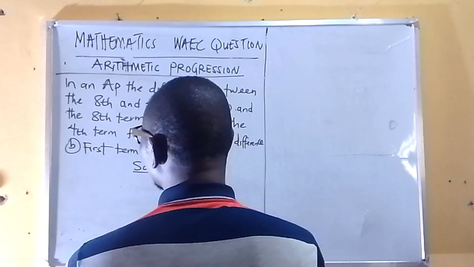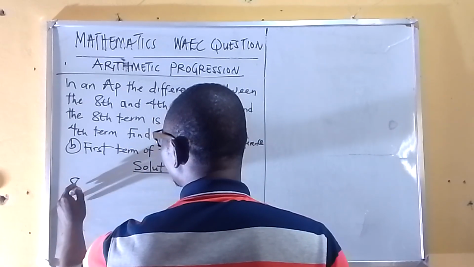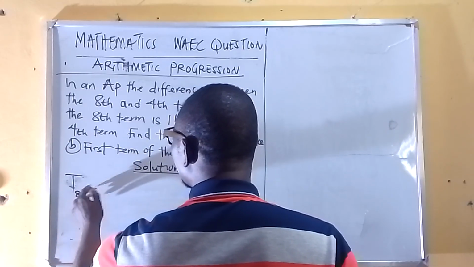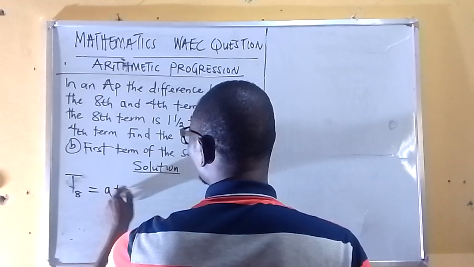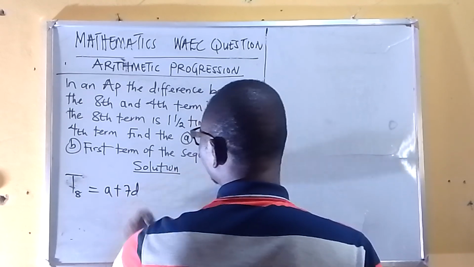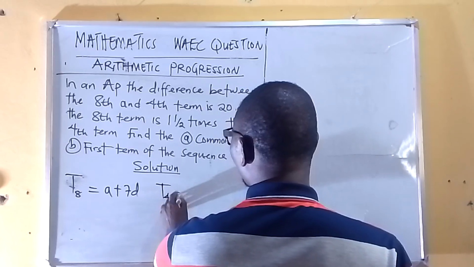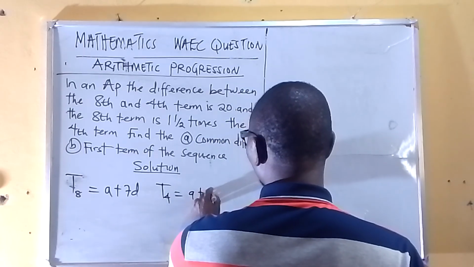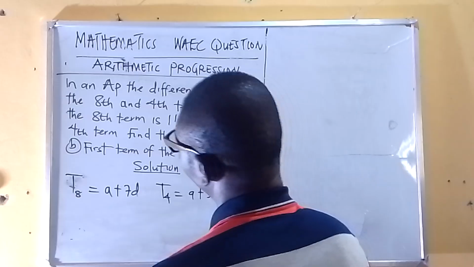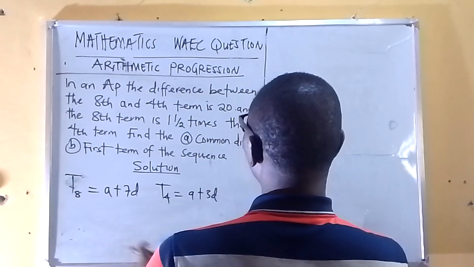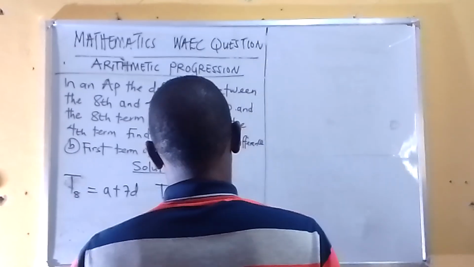Now, first of all, what is the 8th term? The 8th term is simply a plus 7d. And also, the 4th term will be a plus 3d. Now, we were told that the difference between the two terms is 20.